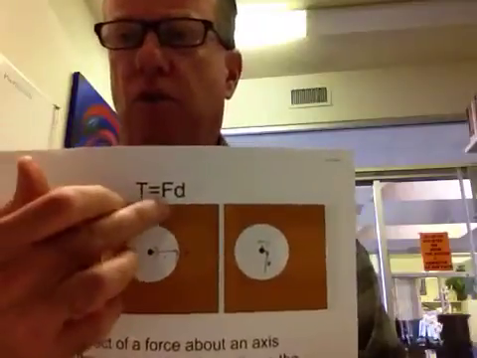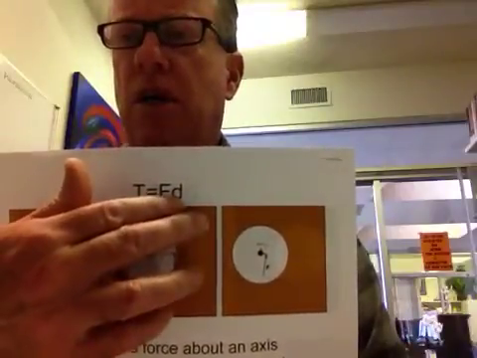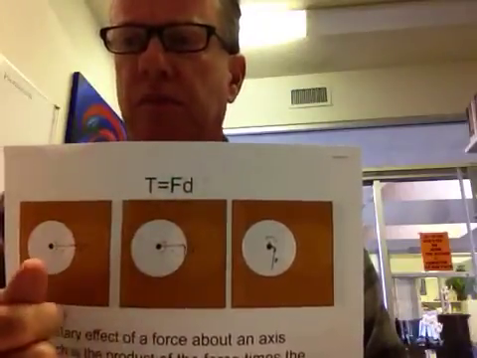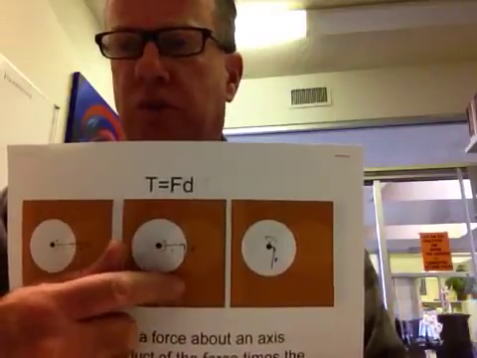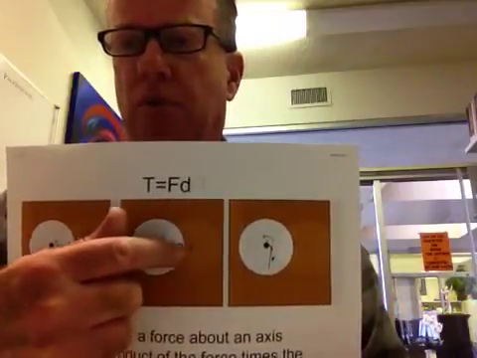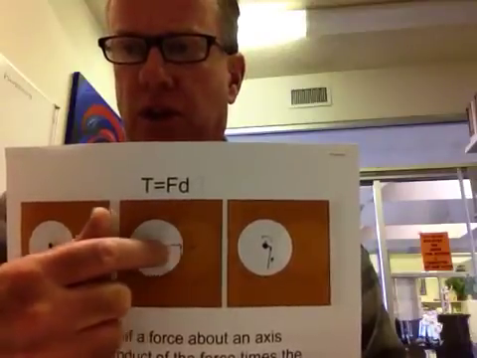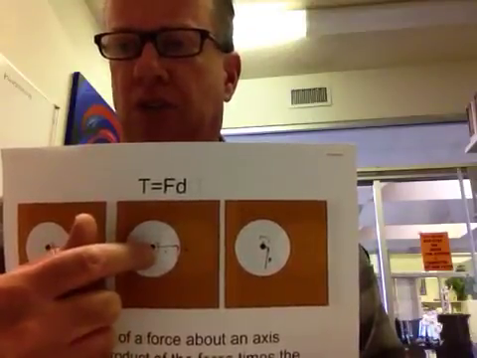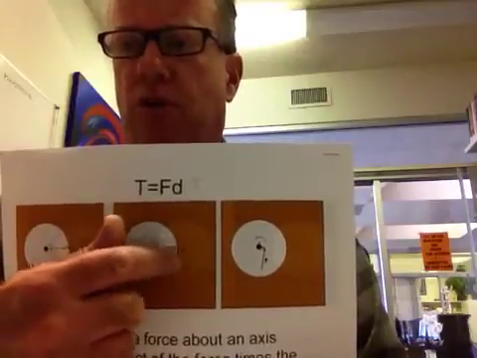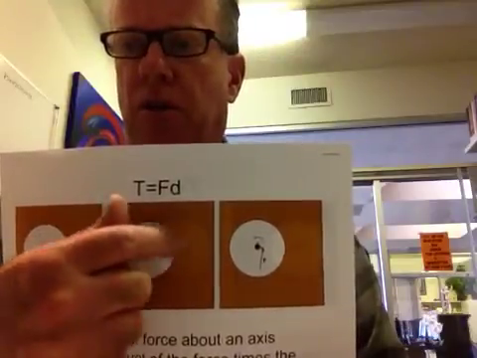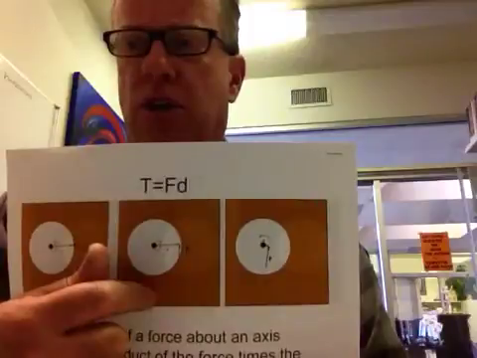So torque is the product of force times distance. When the force is applied perpendicular to the axis, or this is called the moment arm, from the axis of rotation to where the force is applied, there's going to be rotation.